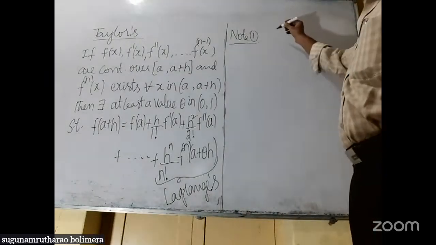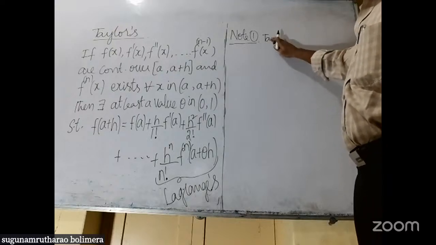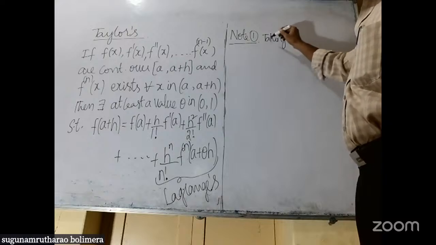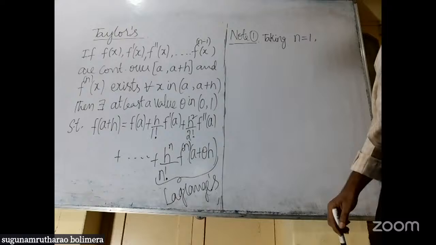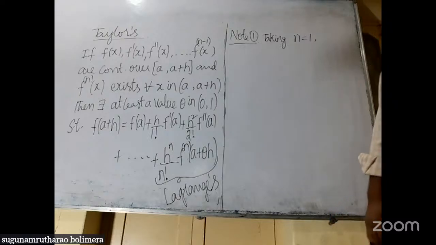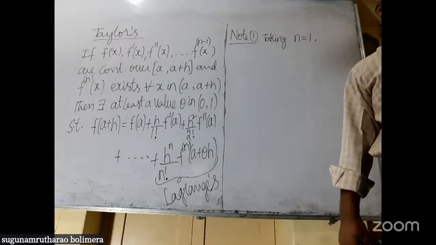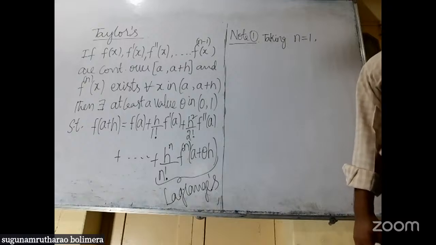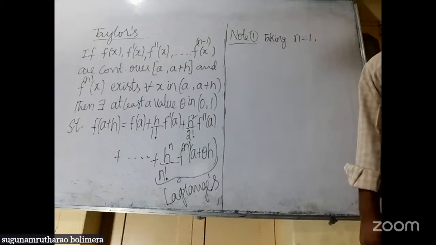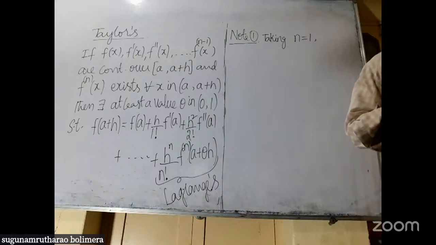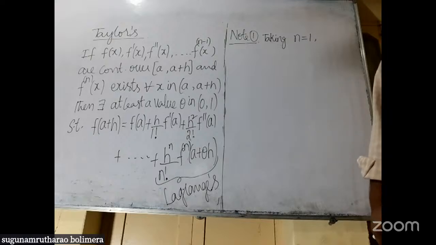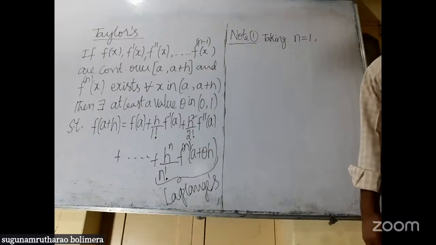Okay, write down note 1. Taking n equals 1, Taylor's theorem is reduced to Lagrange's mean value theorem.